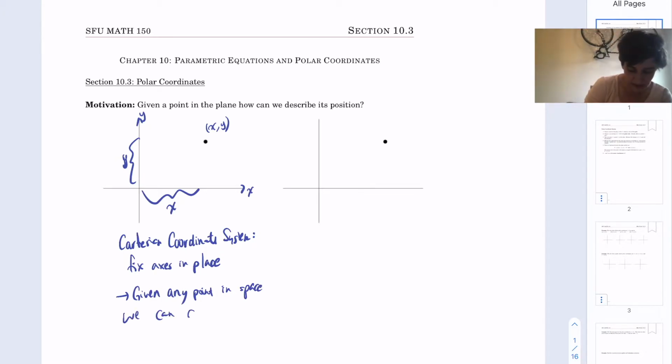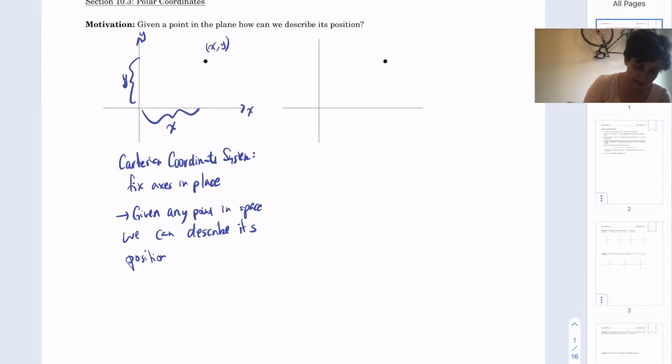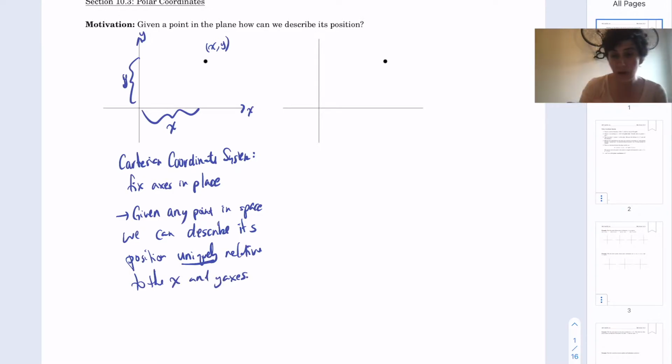We can describe its position uniquely relative to the x and y axes. Okay, so you should be pretty comfortable with that. I hope so. All right.